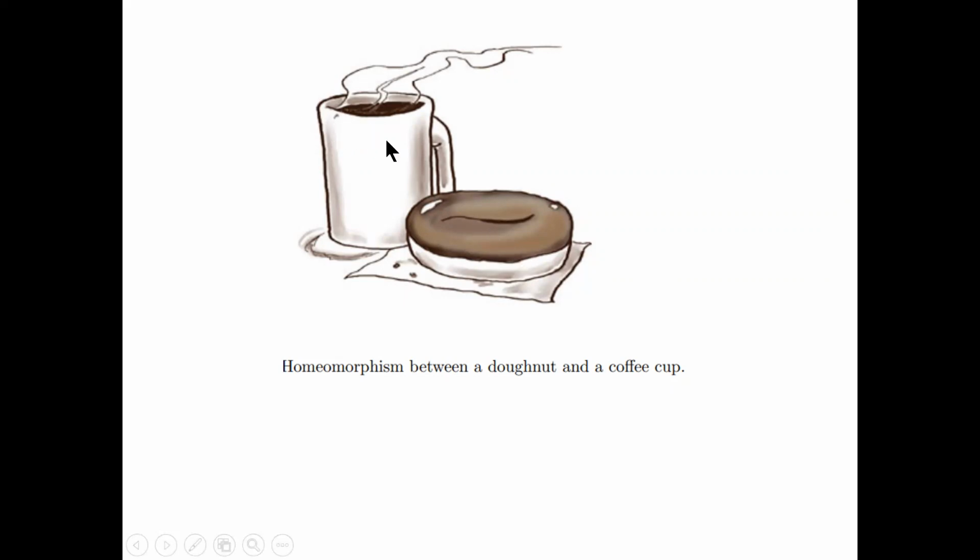If it is made of deformable material, you can deform this coffee mug into a donut. Therefore these two spaces, the space of a donut and the space of a coffee mug, are called topologically equivalent.